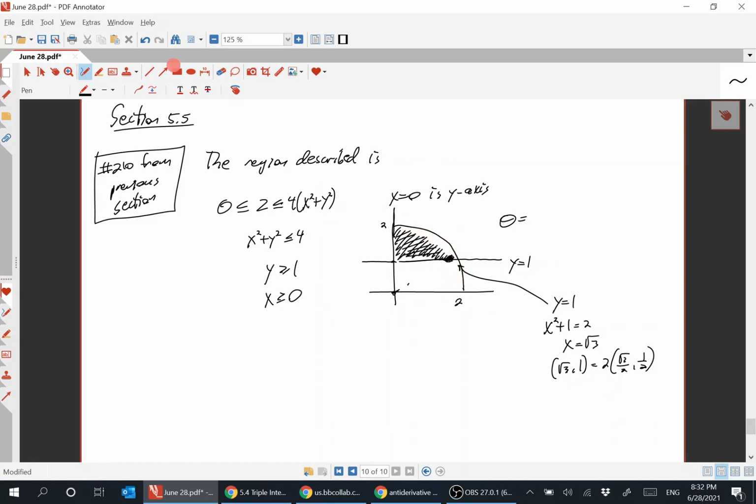No, it was so bad. Still bad. If you look at this on the circle of radius 1, if you factor out a 2, this is the point cosine, sine, where cosine is root 3 over 2, sine is 1/2. So this is theta equal to pi over 6.